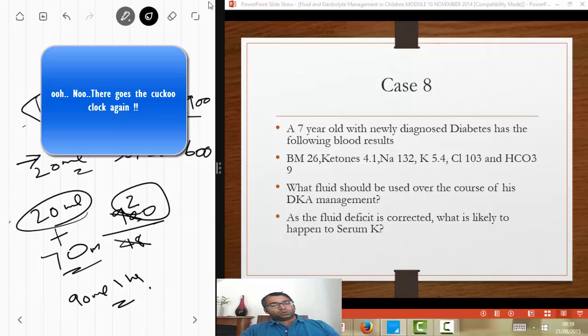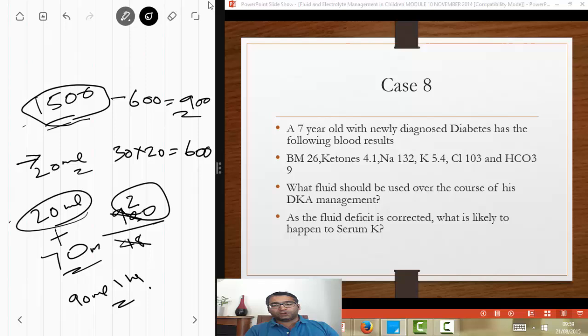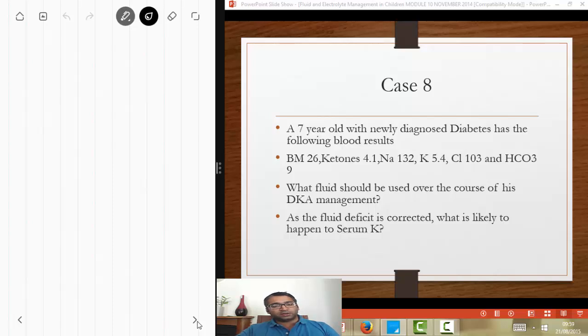So it's important that we take off the boluses we gave, otherwise we'll end up giving too much fluid. Now the other things to remember in DKA correction, diabetic ketoacidosis, the best place to look for the details is the BSPED website.